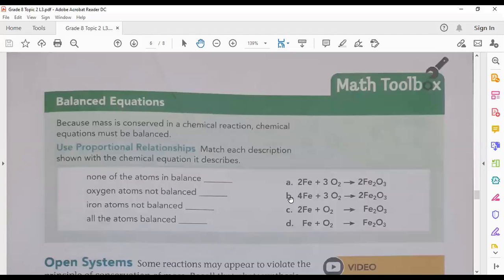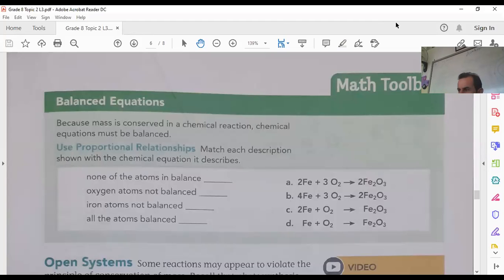Is it A? Is it B? Is it C? Is it D? Who can answer? Yalla. Can you answer the first one? Which of these equations has none of the atoms balanced? Please, no one answer without permission. Who's talking? Nisreen, yalla.